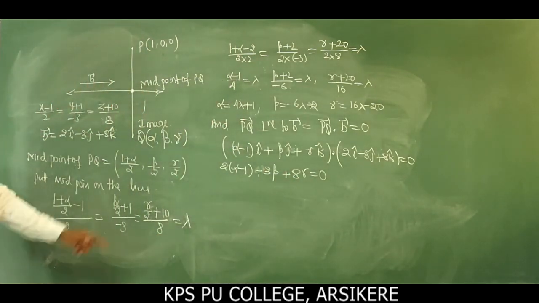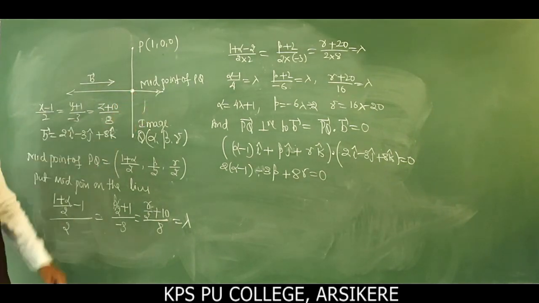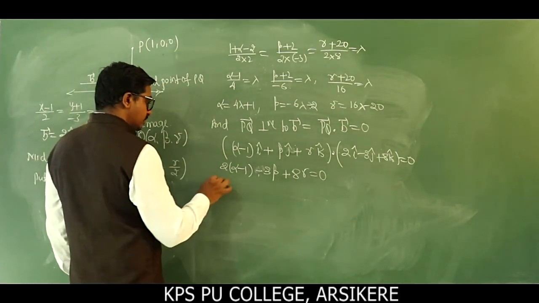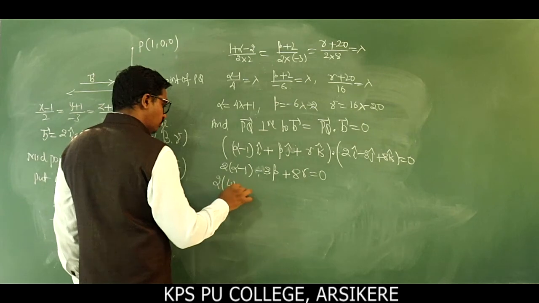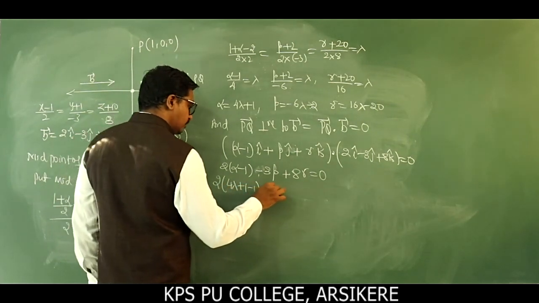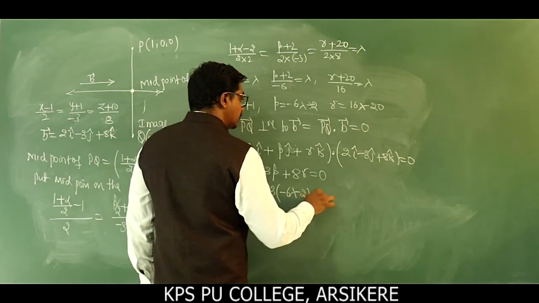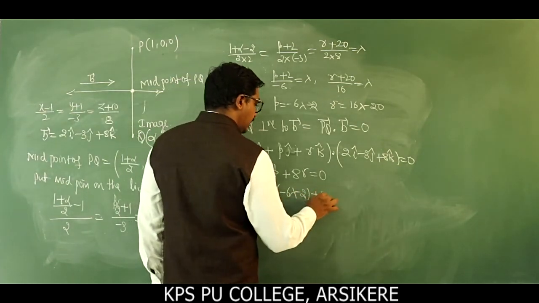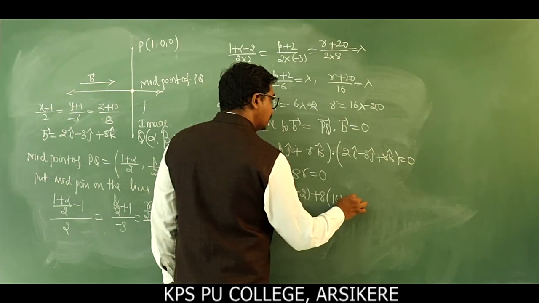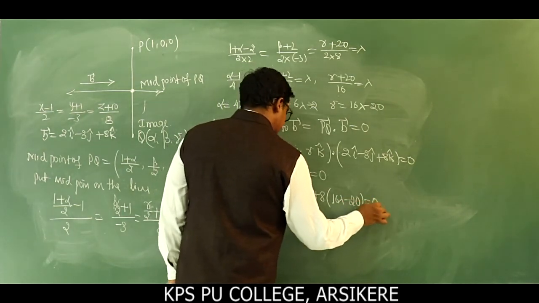Replace alpha, beta and gamma from the previous step. Alpha is equal to 4 lambda plus 1. That becomes 2 into (4 lambda plus 1 minus 1), minus 3 times beta, which is minus 6 lambda minus 2, plus 8 times gamma, which is 16 lambda minus 20, is equal to 0.